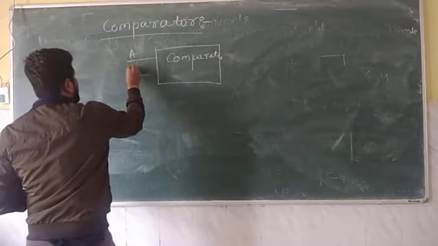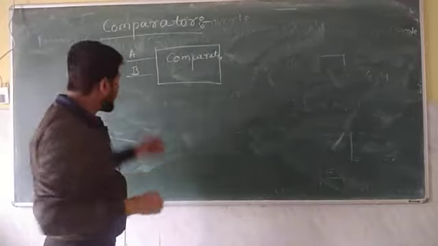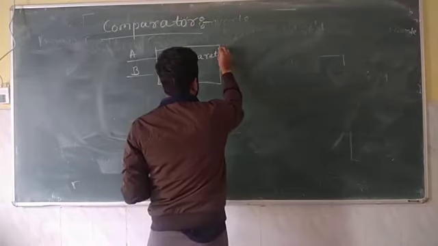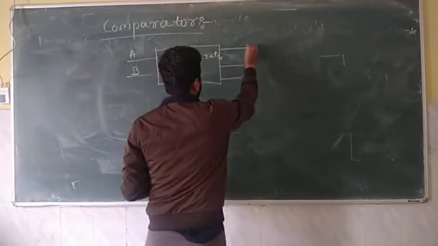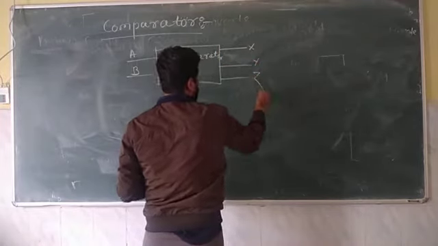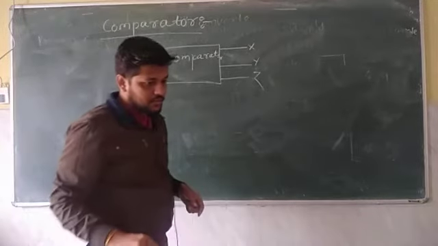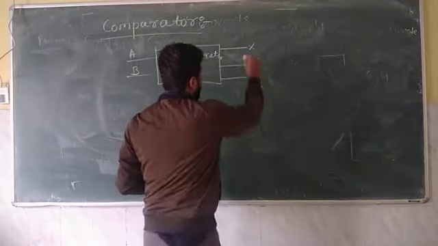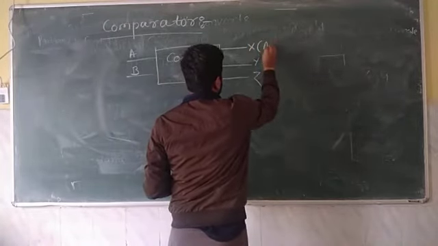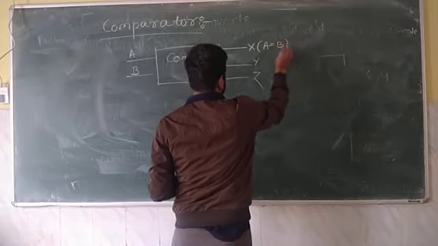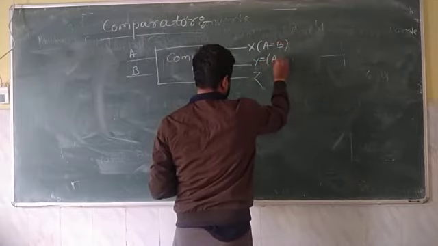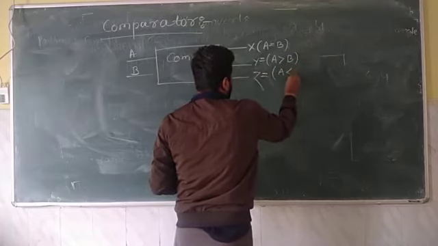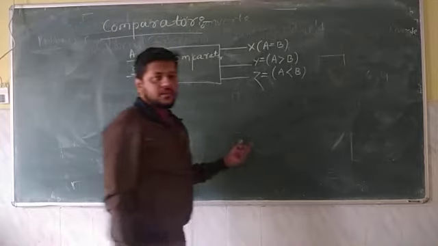Suppose you have two bits A and B. Now I am going to compare A with B, and here we have outputs X, Y and Z. Suppose X is the case where A is equal to B, Y is the case where A is greater than B, and Z is the case where A is less than B. These are the three cases.